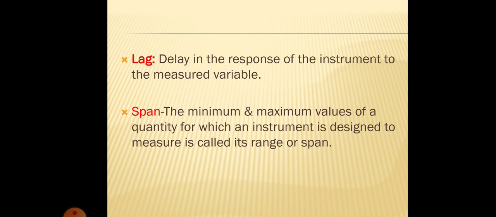For example, if there is a temperature measuring instrument that can measure only up to 200 degrees, from 0 to 200 degrees, then the range of that measuring instrument is from 0 degrees, which is the minimum value, to 200 degrees, which is the maximum value that can be measured by that instrument.